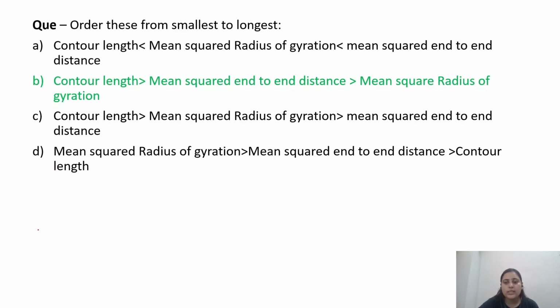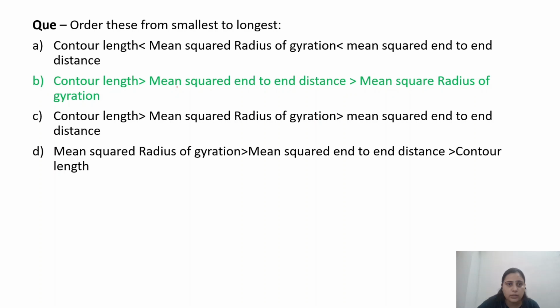As we know from the formula provided in the lecture slides on the NPTEL portal, the mean squared radius of gyration is equal to the mean squared end-to-end distance divided by 6. So by this formula, the mean squared end-to-end distance is more than the mean squared radius of gyration, so this part is true.